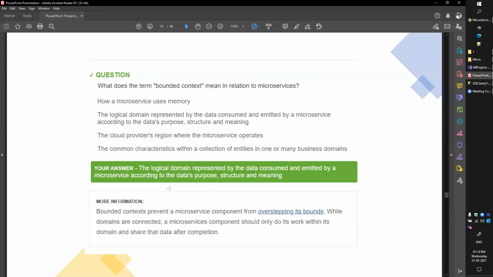Not necessarily, but it's a kind of logical bounding that isolates your database as well as your offering and service from another context. Contextually, it should be isolated from another. We talked about departments, HR department and finance department. They are different bounded contexts. Logically, they are separated. But not necessarily a microservice, right? Okay.